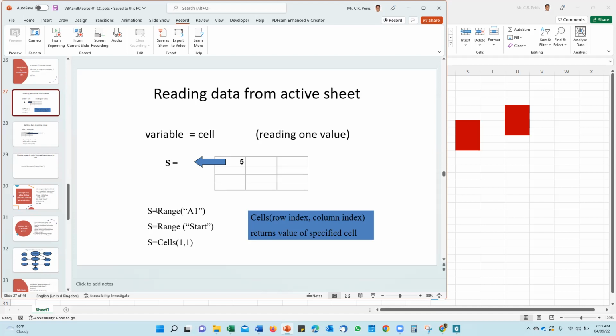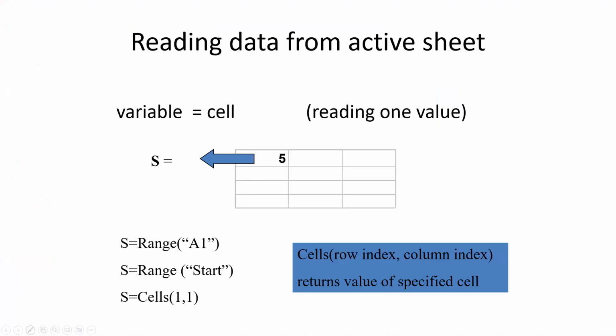When we say range A1, the meaning of this command is that it always refers to the content of the A1 cell.